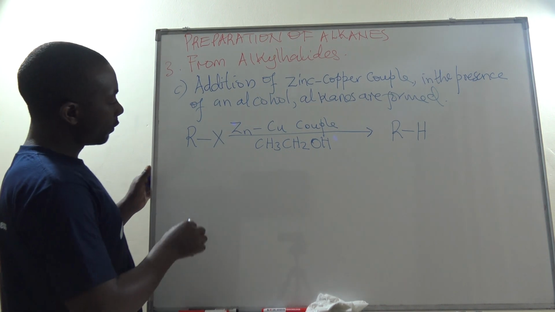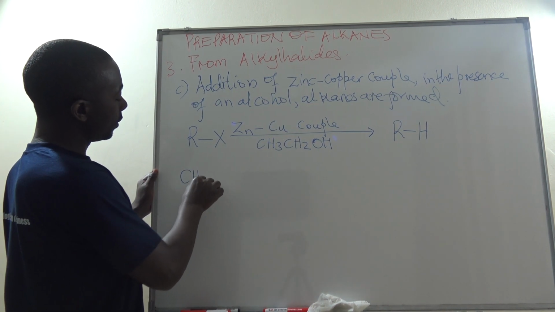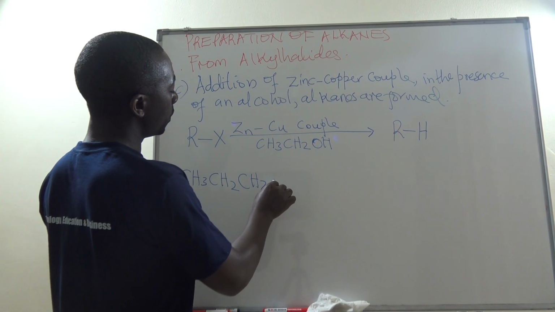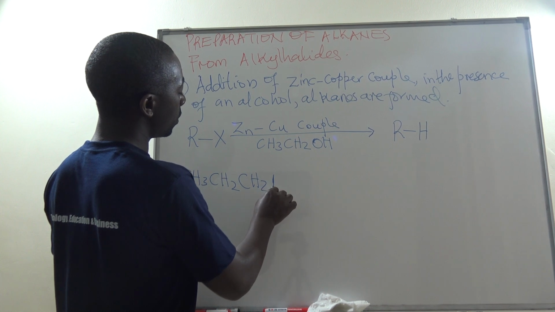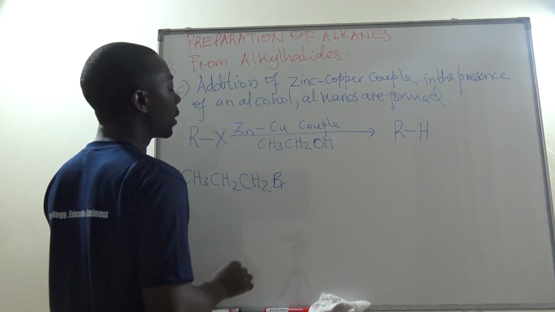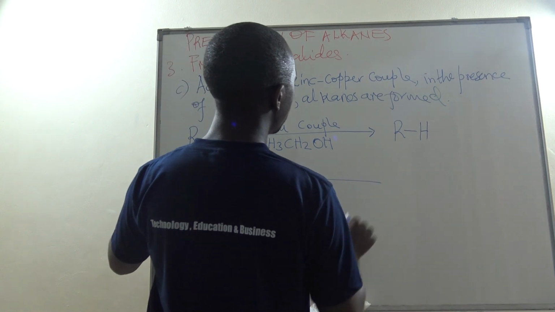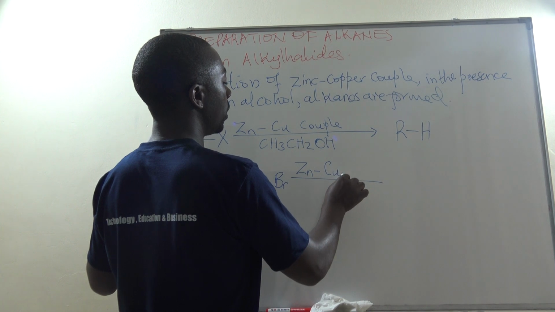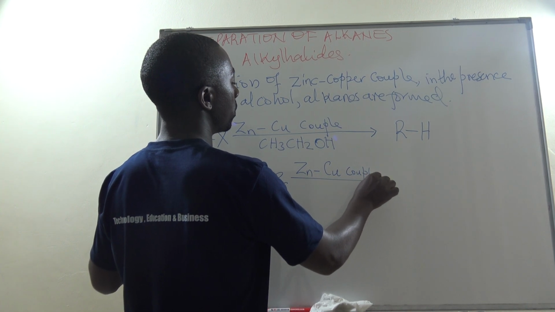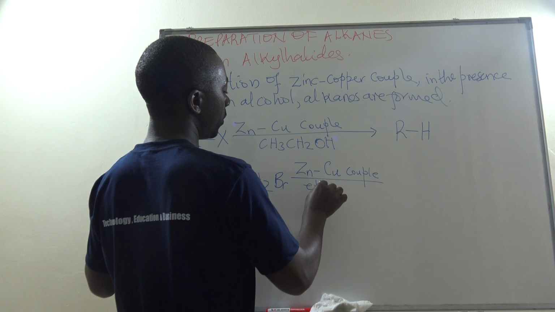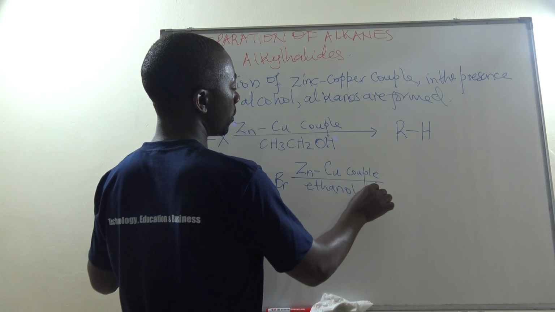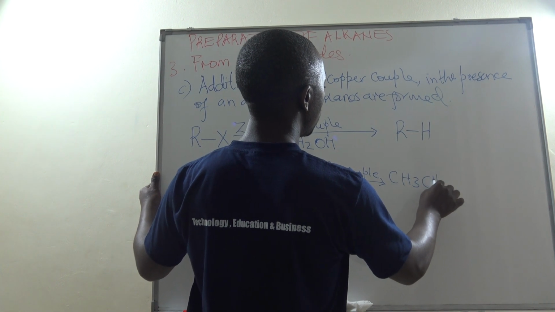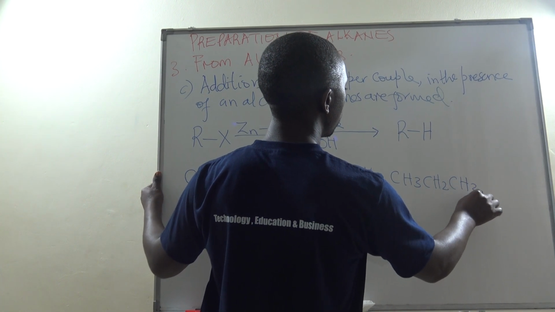So in a more simplified format, we can say this is CH3, this is CH2, this is CH2 bromine, an alkyl halide. If we react it with the zinc copper couple in the presence of ethanol, we should be able to form CH3, CH2, CH3.